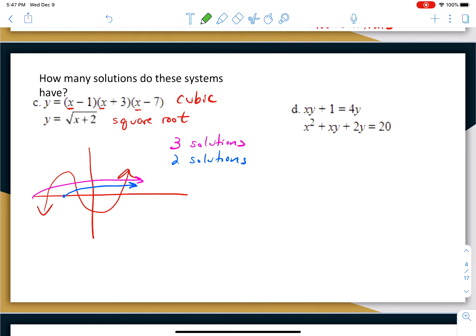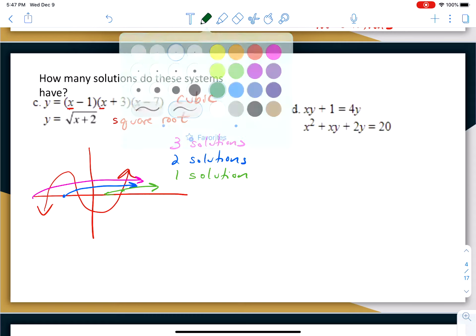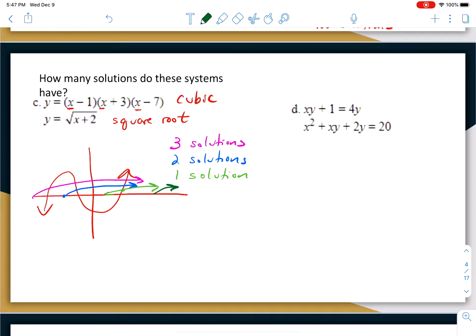I could have a square root function that only intersected the graph in 1 place. Or I could have a square root function that did not intersect that graph at all and have 0 solutions.